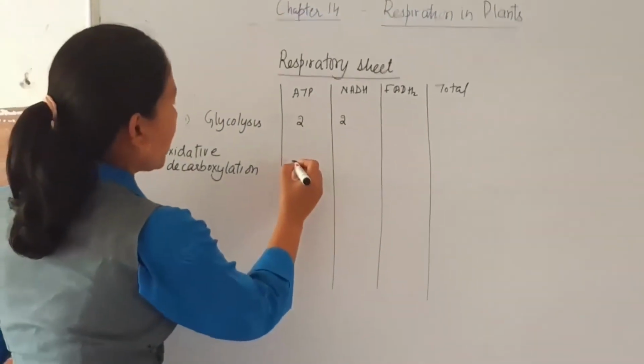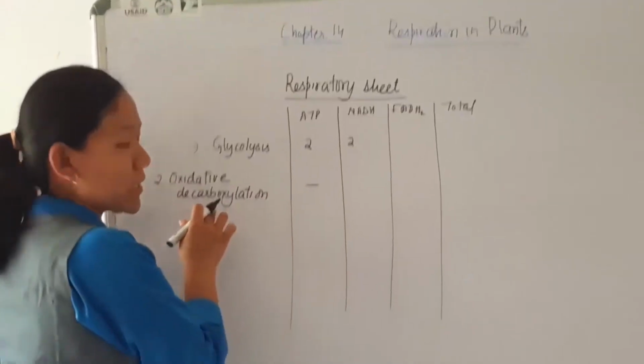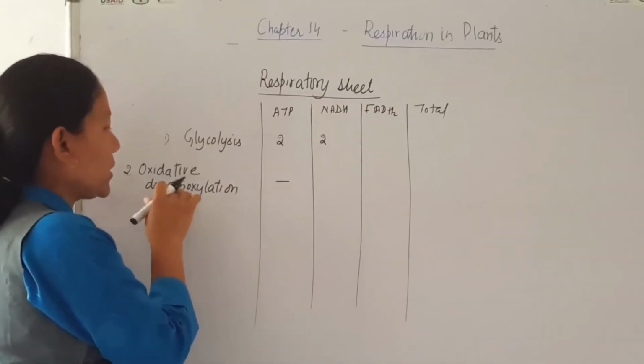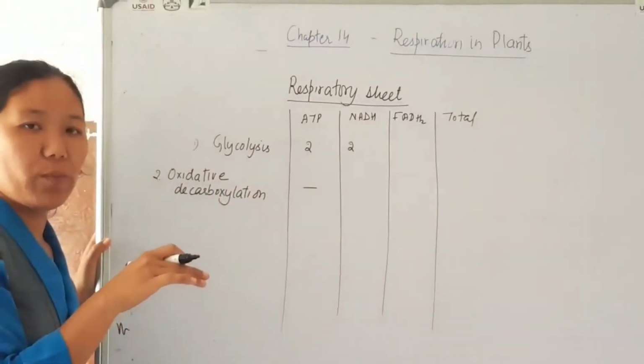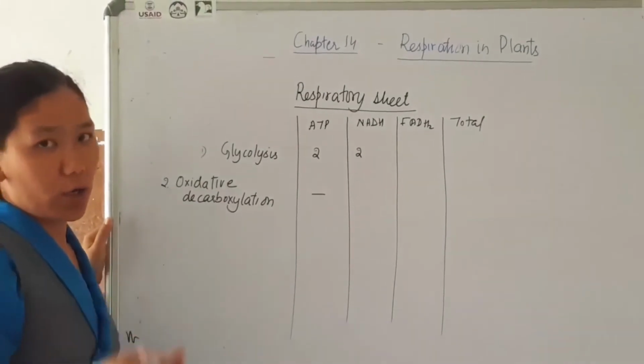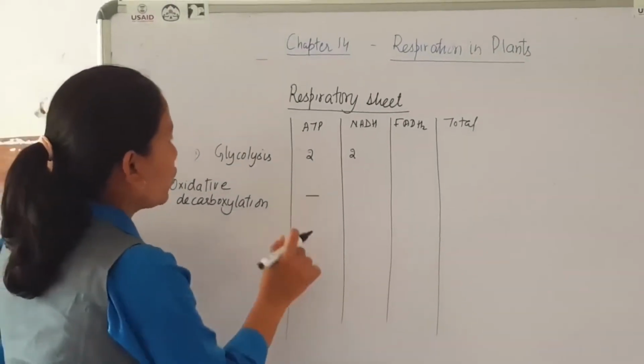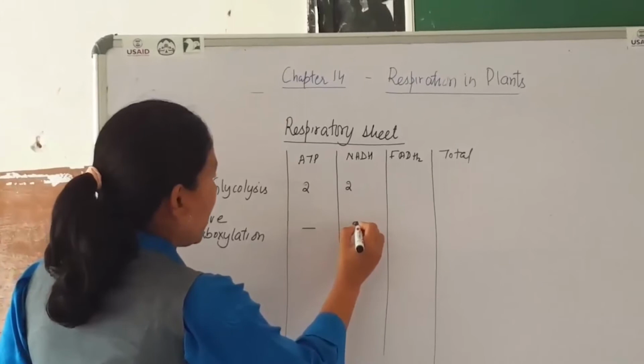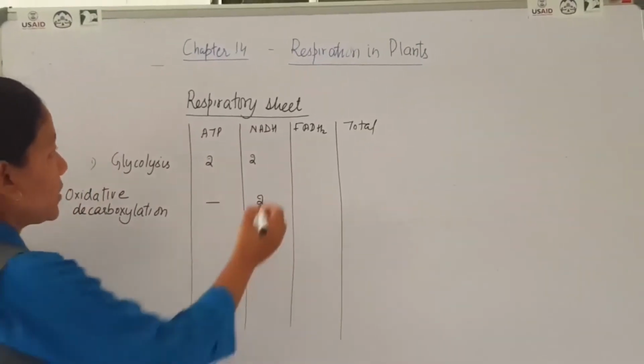So during this stage, pyruvic acid is converted into acetyl-CoA by loss of carbon dioxide. So there is no ATP, but 2 NADH are synthesized.